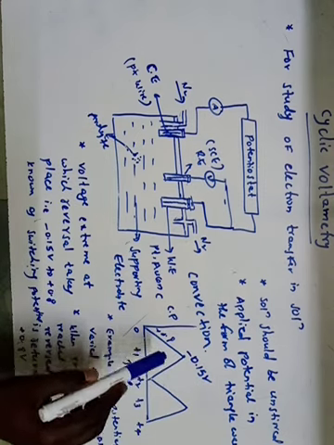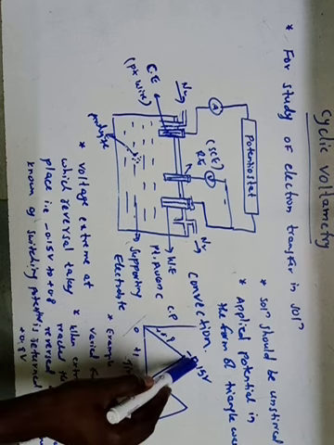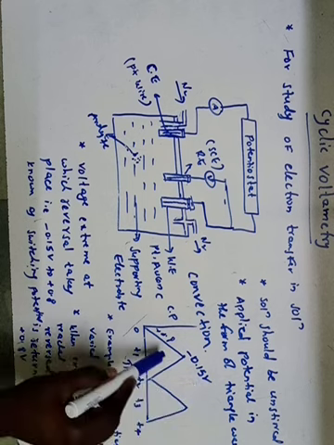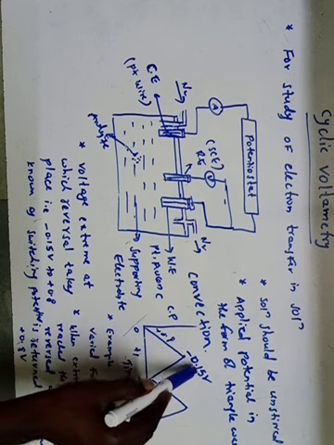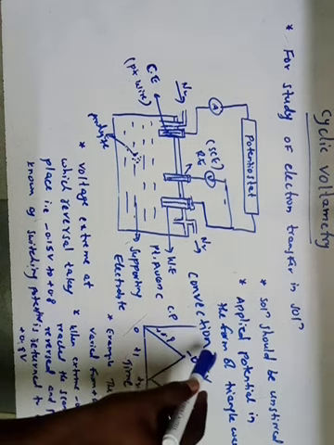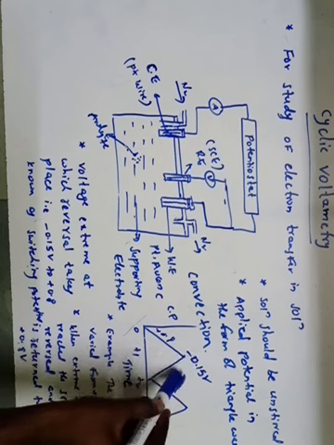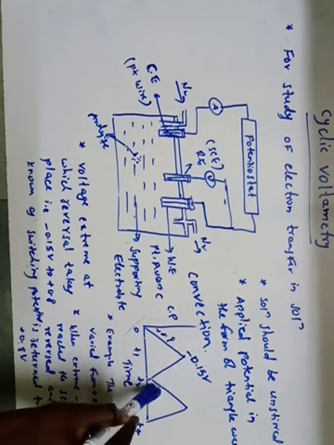First of all, we are applying the potential from 0.8 to minus 0.15 volt. When we reach the maximum potential, minus 0.15 volt, it falls downwards, that means it reverses, and in the reverse direction it moves again to 0.8.